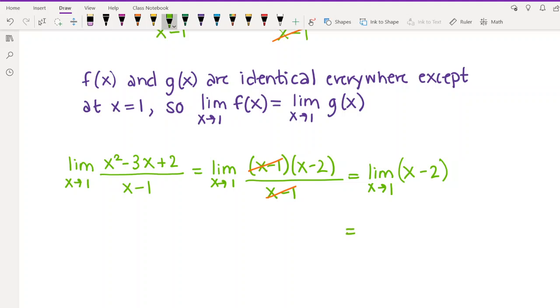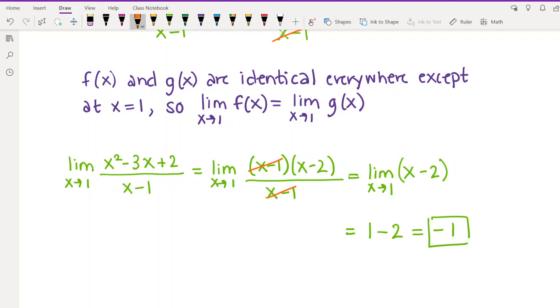So the main objective here is you start with a function that is undefined at 1, and by doing the simplification, we ended up with a new function that is defined at 1. And because that function is defined at 1, we can plug 1 into that function, and that will give us the answer.